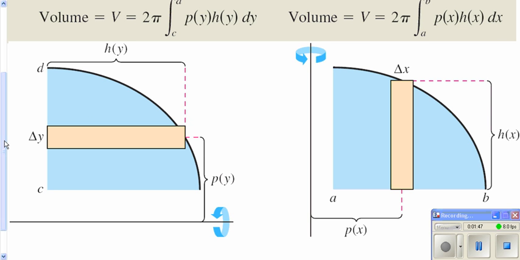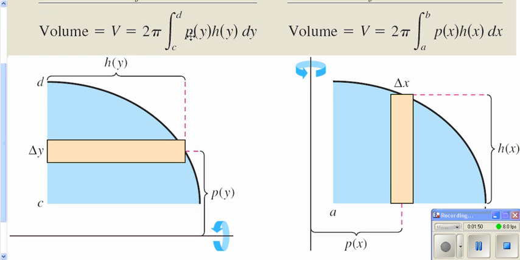If you're revolving it the other way, then it ends up being this here in regard to y's instead of x's. Once again, the p is still your average radius, and this is your height.